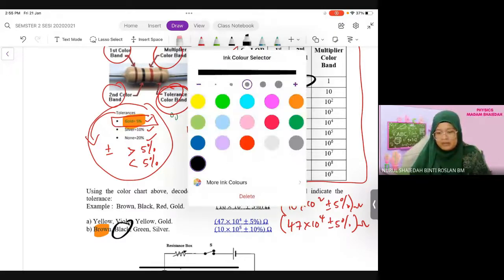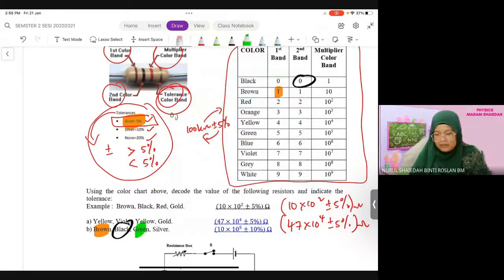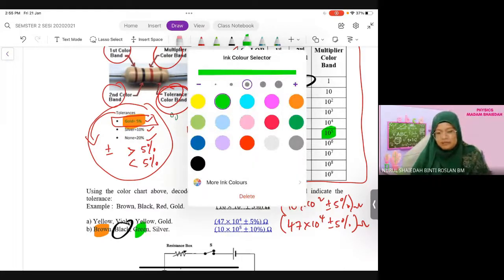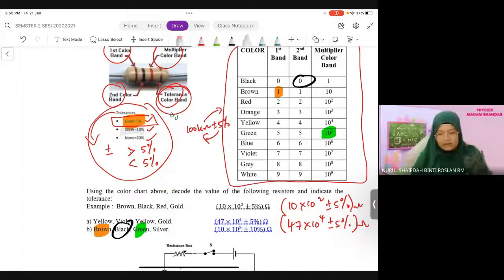Okay, the next one adalah green. So green you adalah dekat sini lah. And then silver, so silver adalah plus minus 10%. So you akan tulis 10 times 10 power of 5 plus minus 10%. And the unit is ohm.